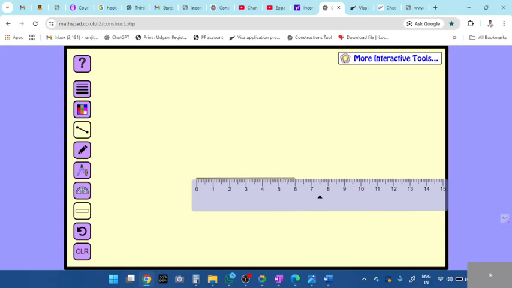Base was 6 centimeter, and right hand side it was 7, right? Right hand side. Left hand side 5.